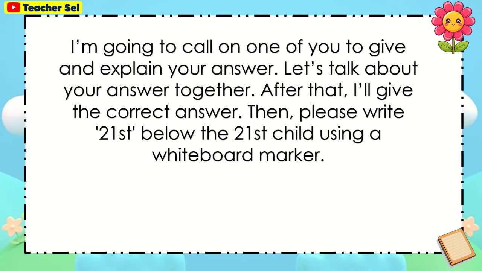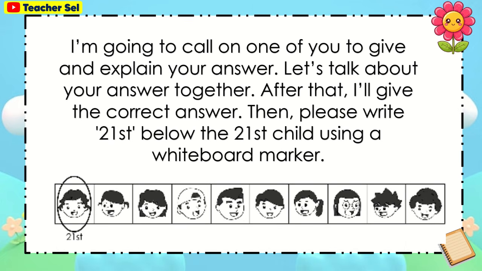I'm going to call one of you to give and explain your answer. Let's talk about your answer together. Please write 21st below the 21st child using a whiteboard marker. So here is how it goes.